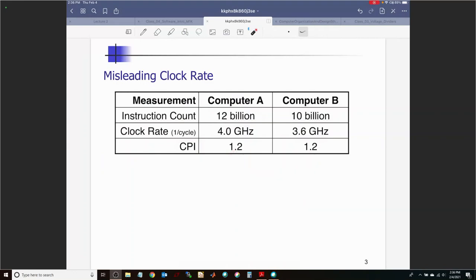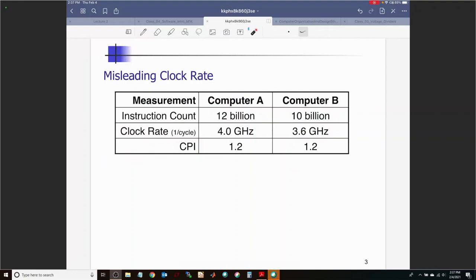Now, when you look at this, you would probably be tempted to say computer A is faster, right? If you just look at the clock rate, which is the reciprocal of the cycle time, it may appear as if computer A is faster than computer B. However, let us try to actually see how they compare by evaluating the thing that matters the most, which is what? CPU execution time.